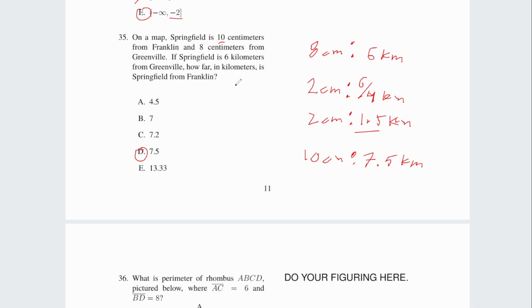You could also estimate. You know it's going to be more than 6 kilometers, since 6 kilometers for 8 centimeters means that 10 centimeters on the map is going to be more. So you could say, okay, obviously not 4.5, probably more than 7, and probably not as many as 13.3. So if you had to estimate, guess between 7.2 and 7.5.